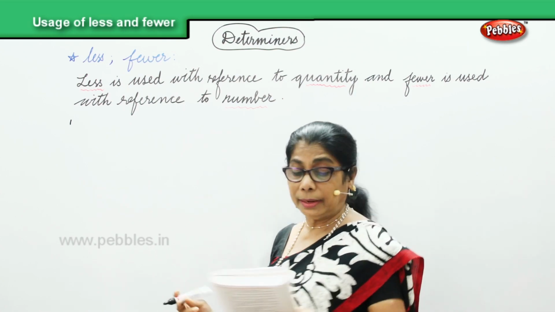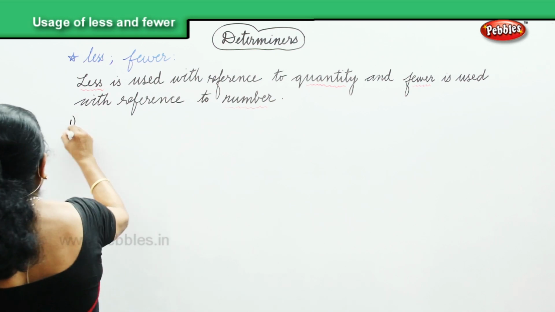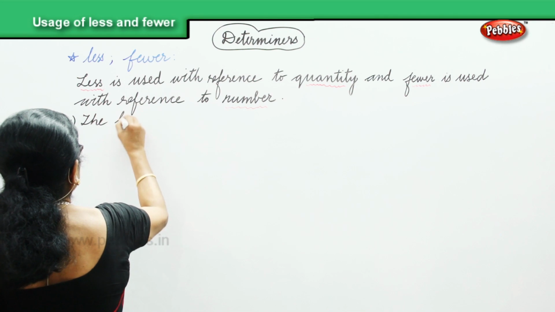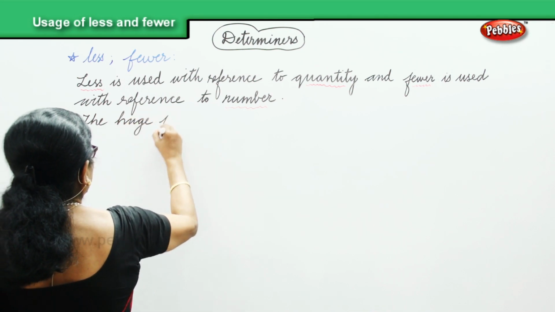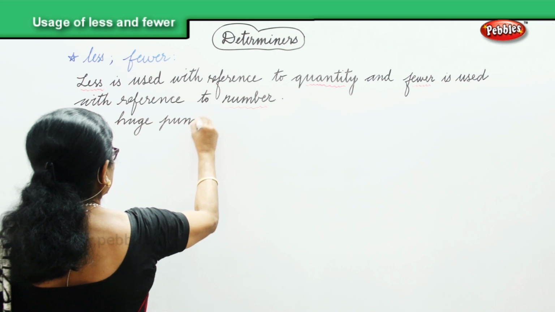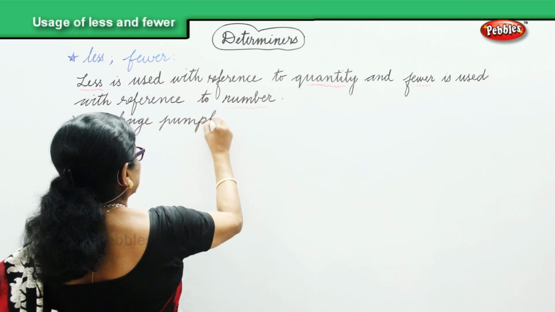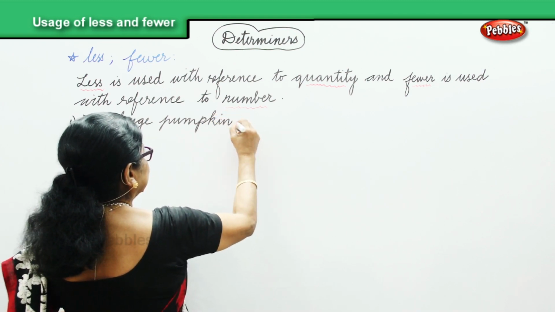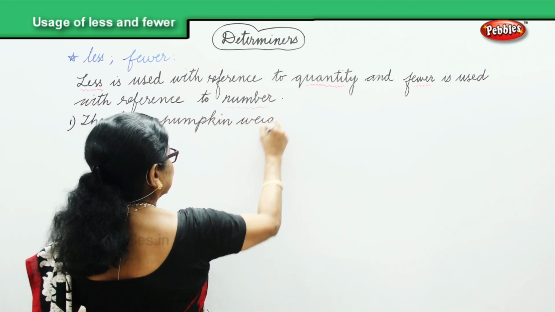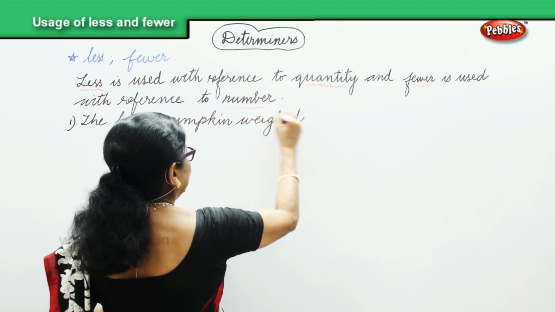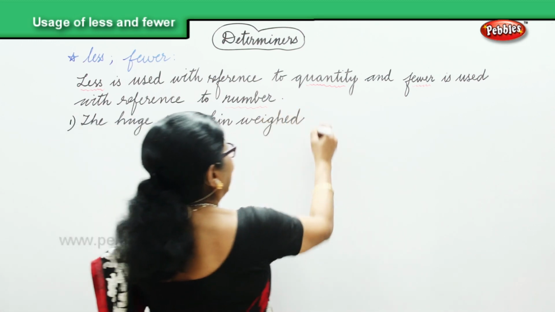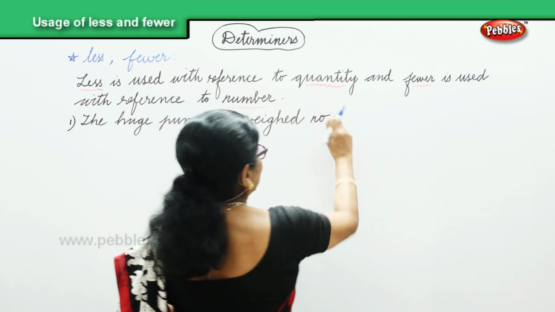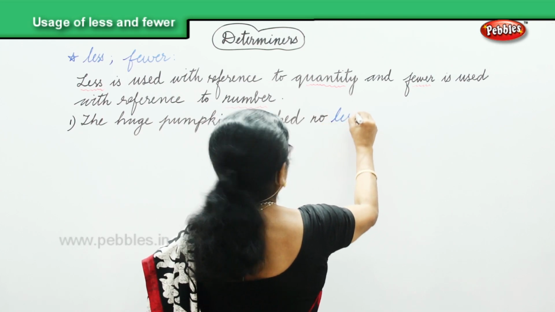Now, let us look at the sentence. The huge pumpkin weighed no less than 10 kg.